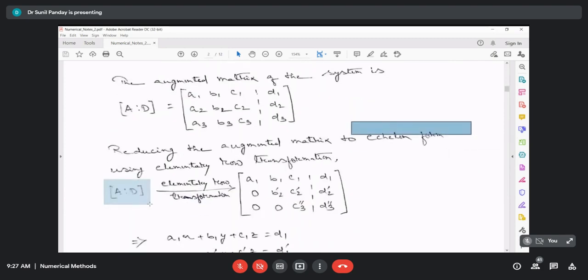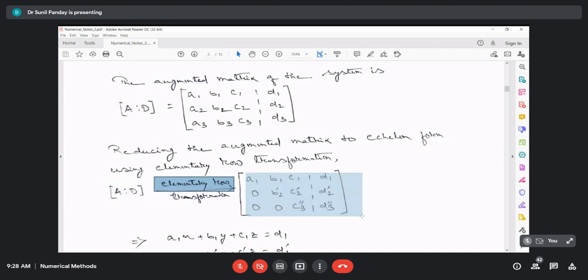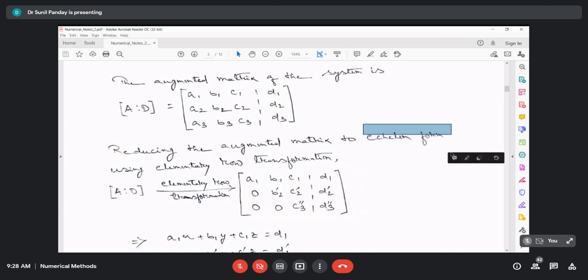So here this is our augmented matrix, with a vertical dotted line before D, and then we apply our elementary row operations, and finally we have this kind of matrix. If we have this kind of matrix, then we say that this is in the echelon form.